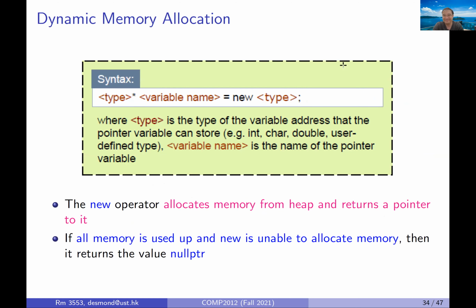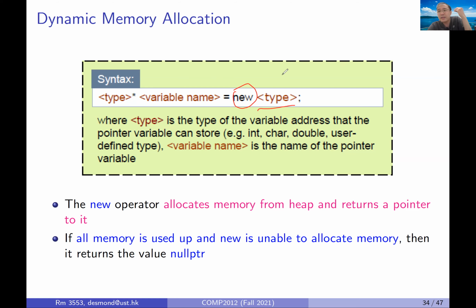Okay, now, we say that we could use a new keyword to get memory when the program is running, right? What's the syntax? Easy. The new keyword and tell me what type of box you want to get, for example new int or new double or new char, no problem.